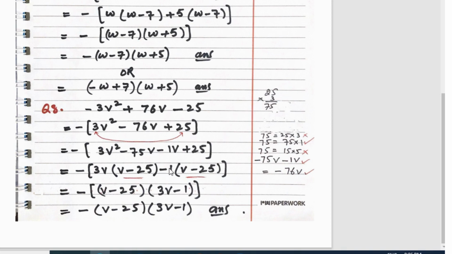So minus 1 is common, and v minus 25 will be inside. Throughout the big term, v minus 25 is a very, very important big factor that is common. We will pick it up, and what is left behind? 3v minus 1 will be left behind.